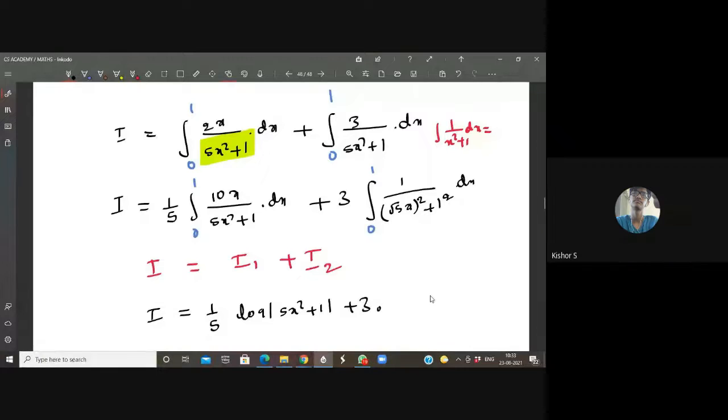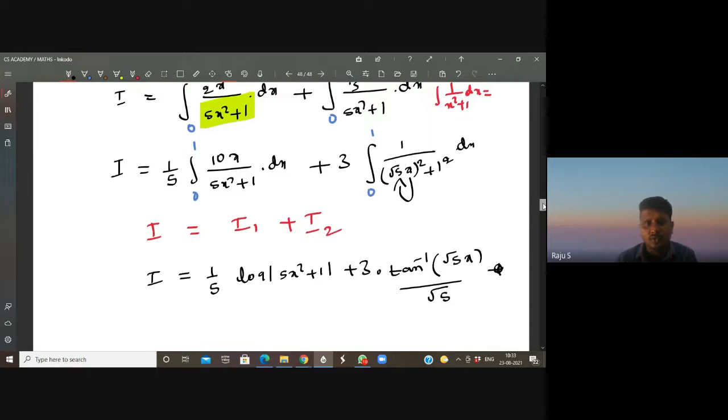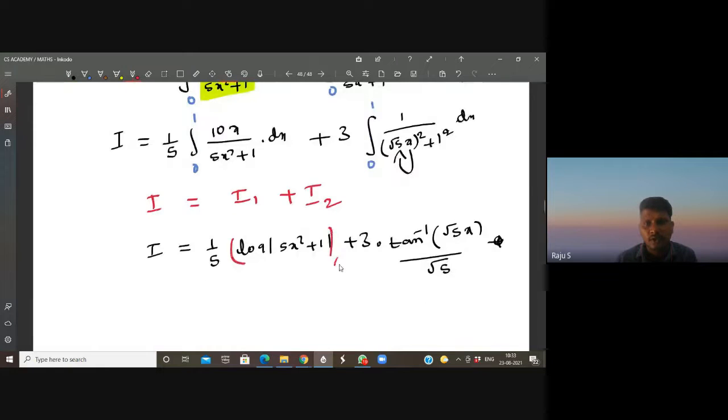Formula is tan inverse of x. Exactly, tan inverse of root 5 x, all divided by root 5. What is the x coefficient here? The x coefficient is root 5. Don't write plus here. From where to where are the limits? 0 to 1. So here it is 0 to 1, here it is 0 to 1.